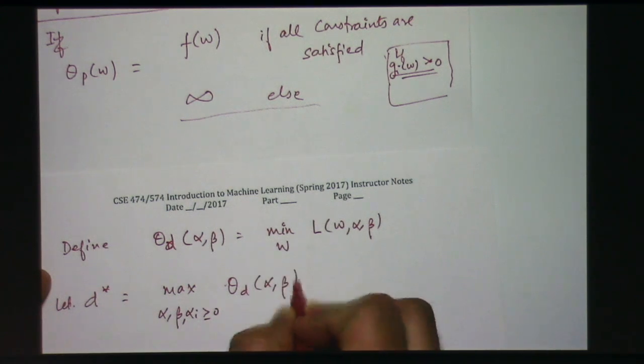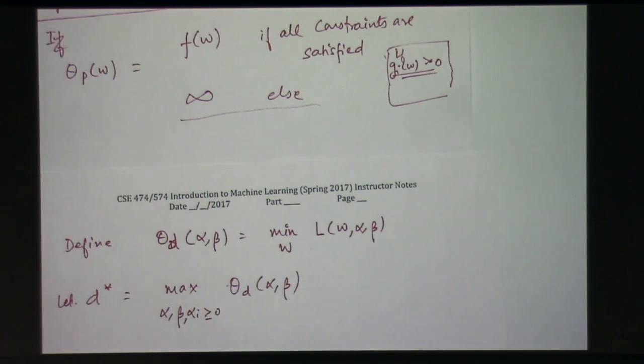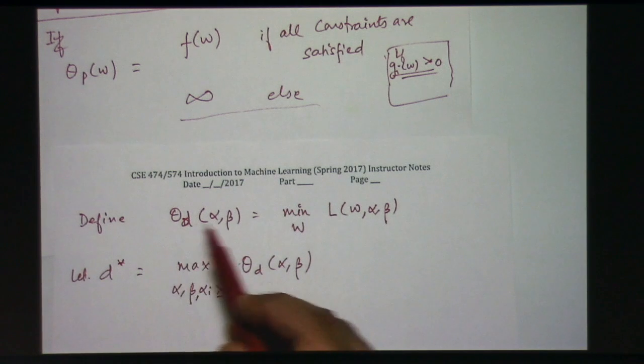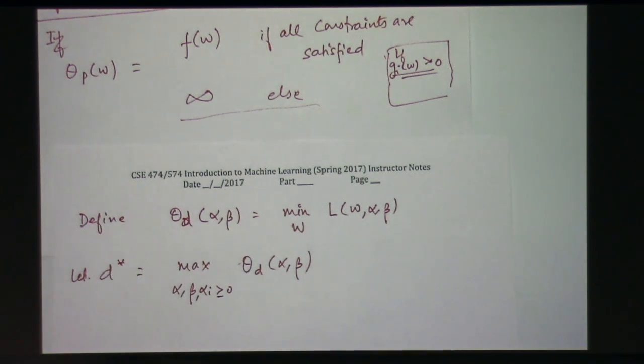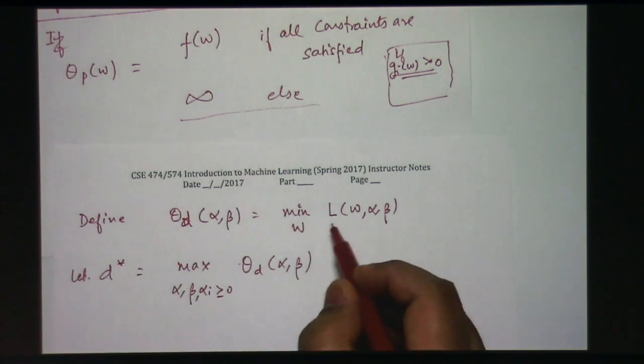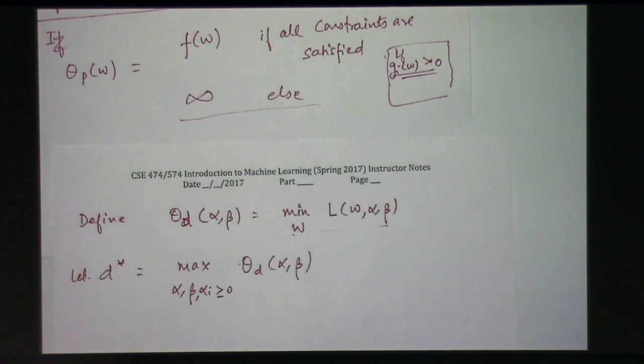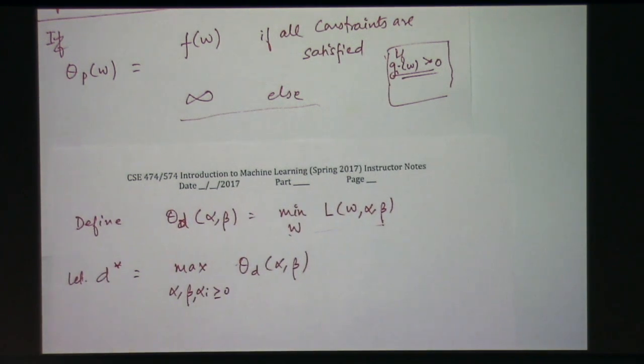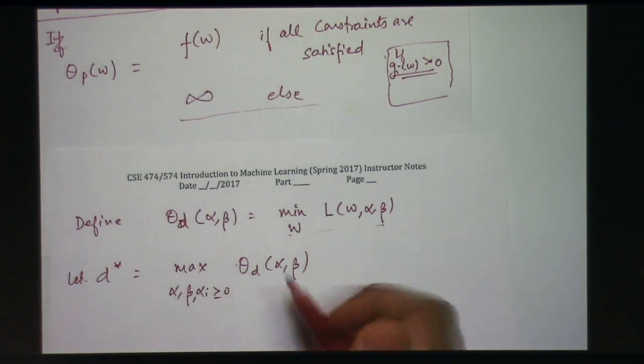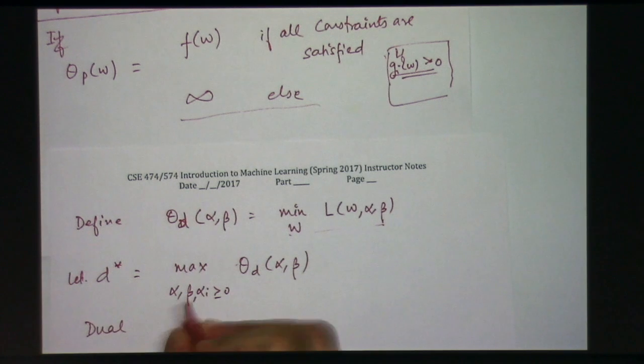So I've flipped it around. What I'm saying is that I'm defining a new problem, which is that I first find the min of L over all w, and then find the max of that. So that is d star. This is known as a dual problem. This is another problem that you want to optimize, so this is called the dual optimization problem.